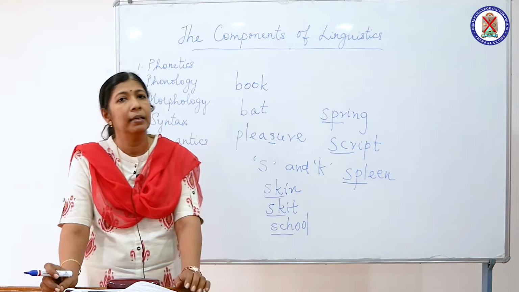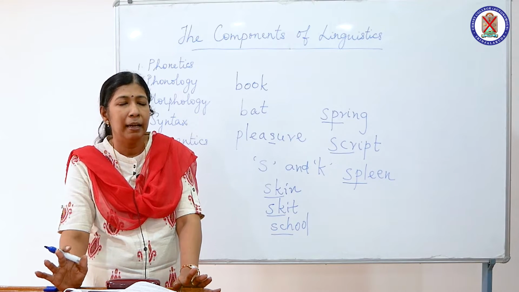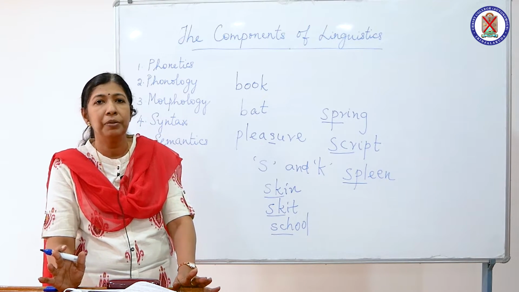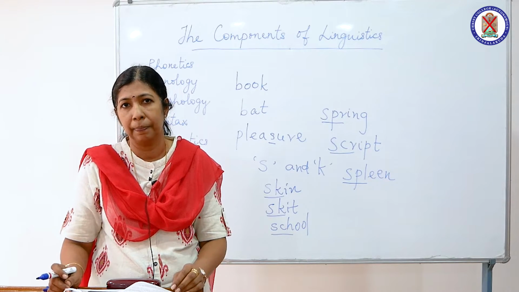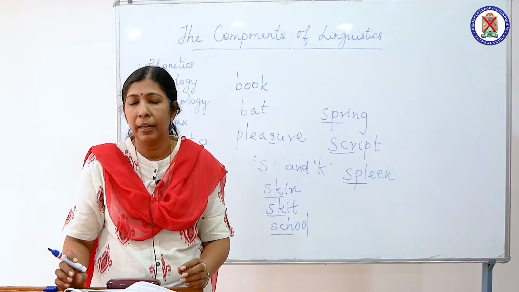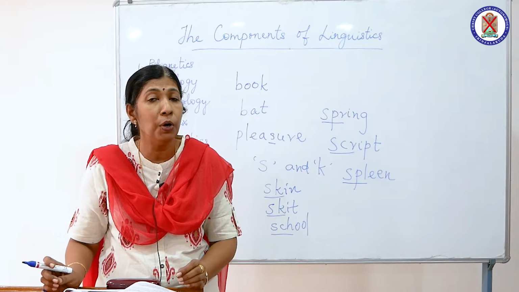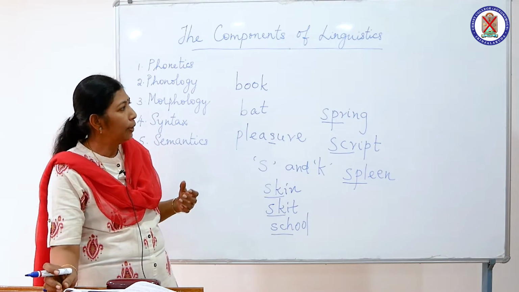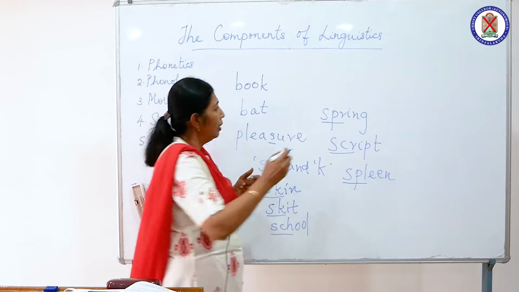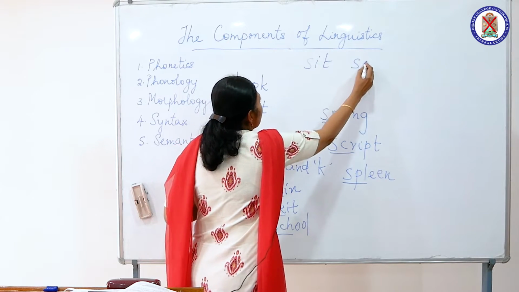If we take any language, we will see that the language will be made up of several phonemes. So English, that is the RP variety of English, consists of 44 phonemes. Let's take a look at two words, sit and sat.